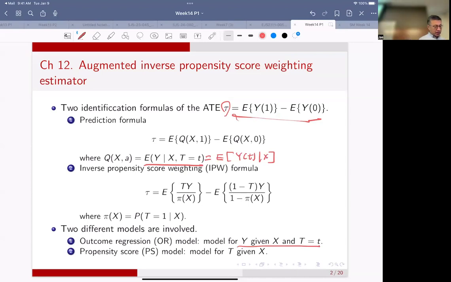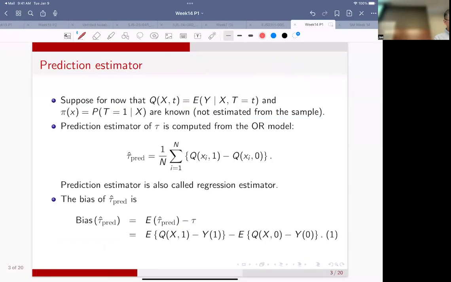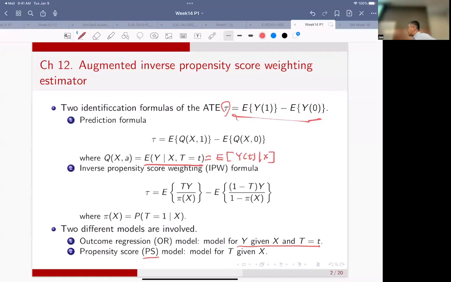Another we can call the PS model, the propensity score model, which computes the probability of T equal to 1 or 0 given X. The idea is to combine the two models to achieve some robustness against the assumptions on one model by using the other model.